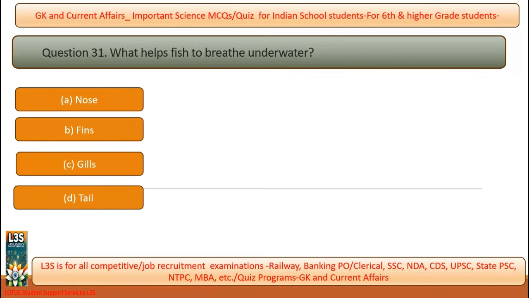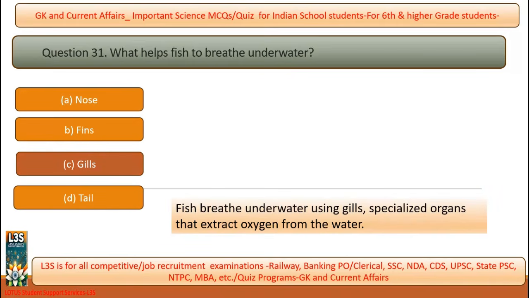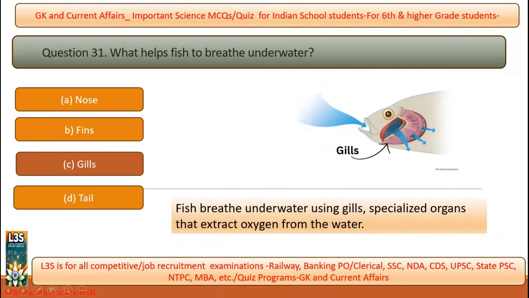And the correct option is C, gills. Fish breathe underwater using gills. They are specialized organs that extract oxygen from the water. You can see here in the picture types of gills.